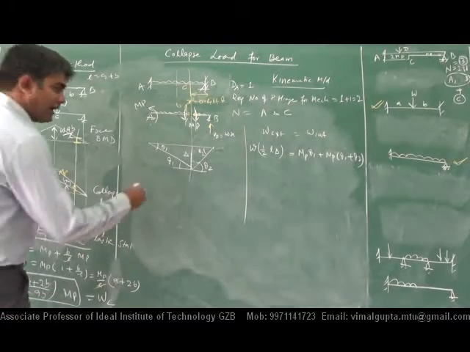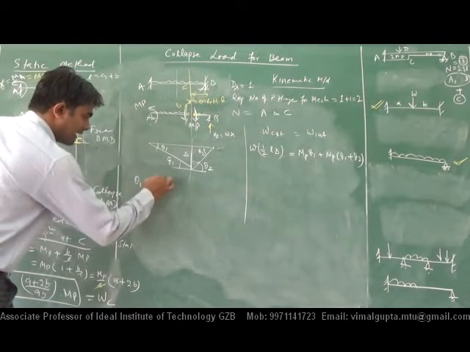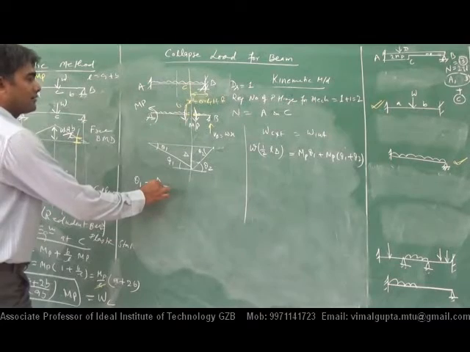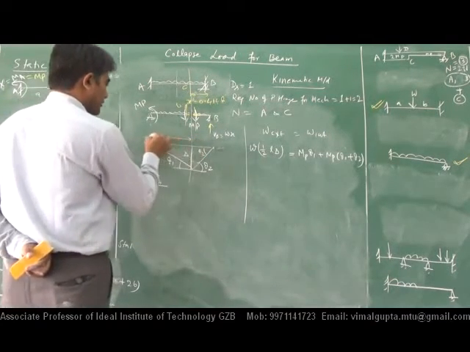And what will be that value? Theta 1 will be delta by what is that distance?